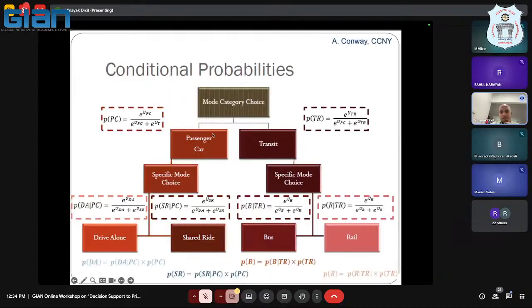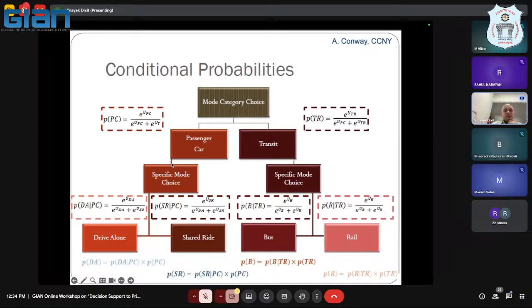So this gives you an example, right? This is how it works. First is a passenger car. So this is your first level. That's the probability. The sum of these two probabilities is going to be 1. Right? Can you see that? The probability of passenger car plus probability of transit is equal to 1.